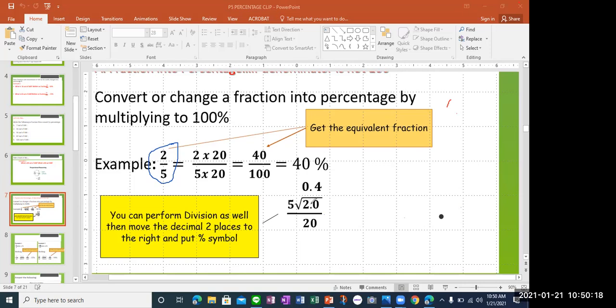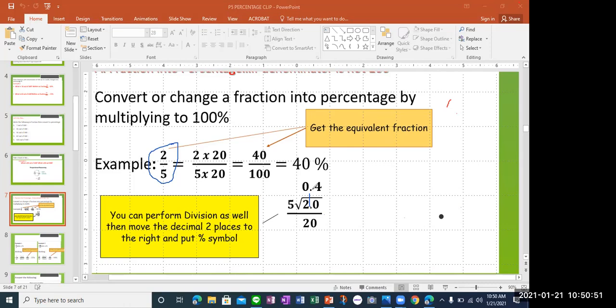So that is 2 divided by 5. How many times does 5 go into 2? Cannot, so you put 0 there, and then you write a decimal point. The decimal points should be aligned straight, in one line.